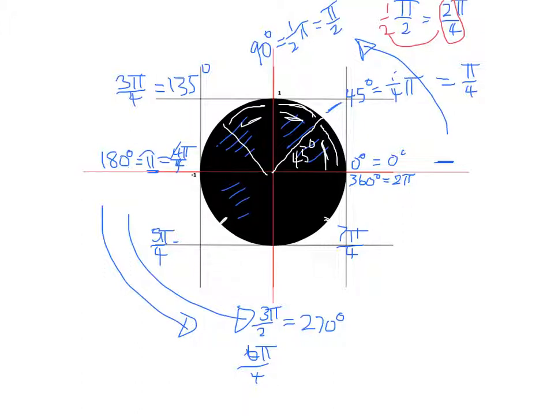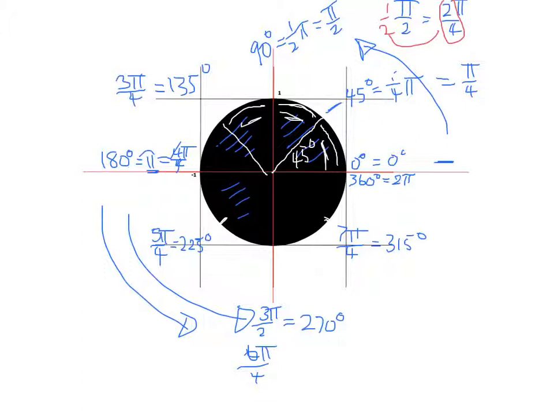And we can write the equivalent degrees for each one of these. So 180 plus 45 is 225 degrees. And then we go around to 270, and then 270 plus 45 will be 315 degrees. And we can do the same thing with other angles as well.